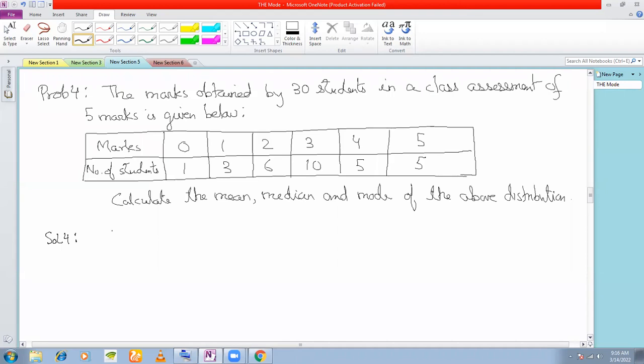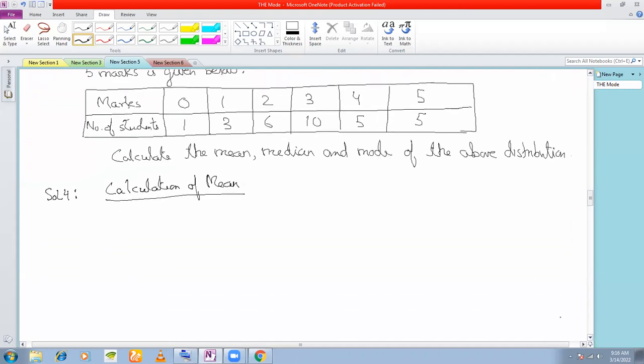So first we'll calculate the mean. How do you calculate the mean? You have to calculate the mean marks here. The variate here is marks. So first we draw this table.